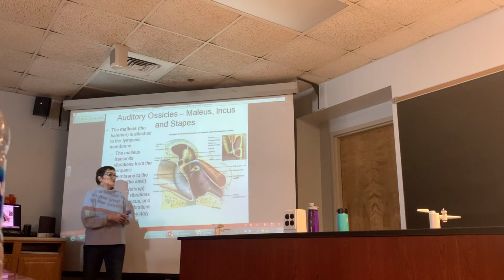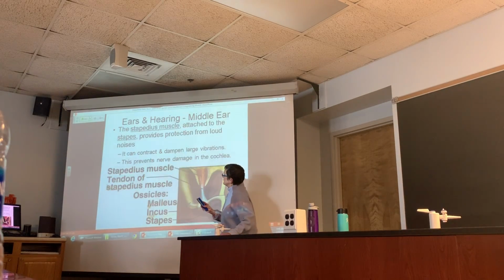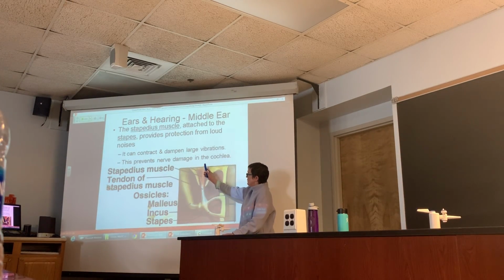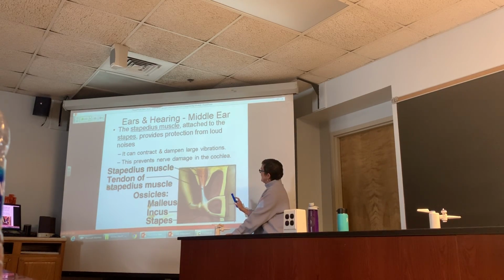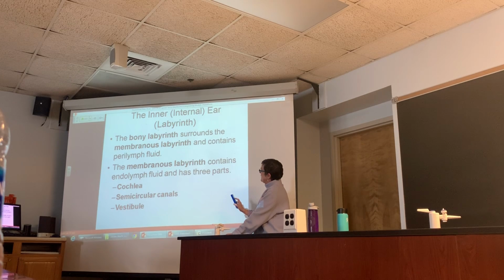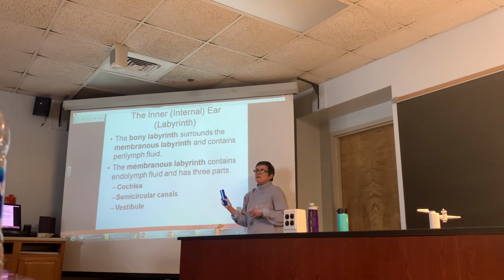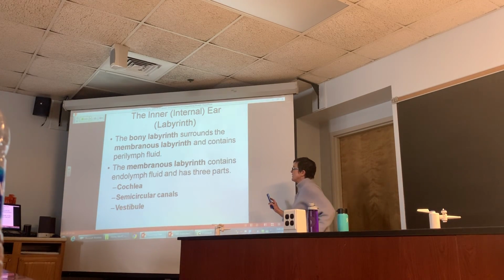Okay, so the next picture shows a more enlarged view of the stapedius and how it's attached to the stapes. Anyway, from that point, the sound is being transmitted to the cochlea, which is part of the membranous labyrinth.